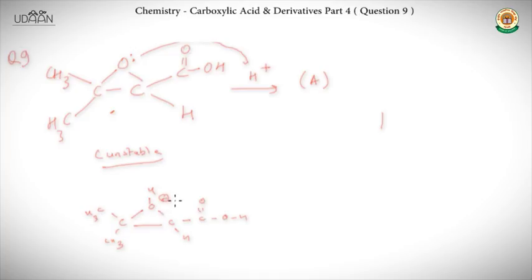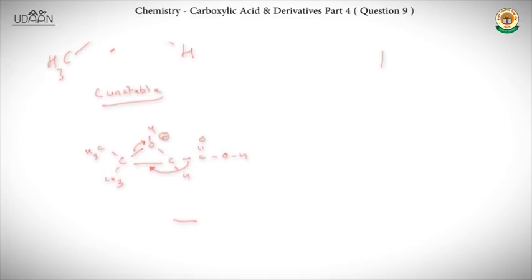Now as oxygen has a plus charge, it will take the electrons from this C-O bond and this bond will move over here, giving out minus H plus and minus CO2, forming C double bond C OH with CH3, which is an enol compound, and which can get tautomerized to an aldehyde compound.